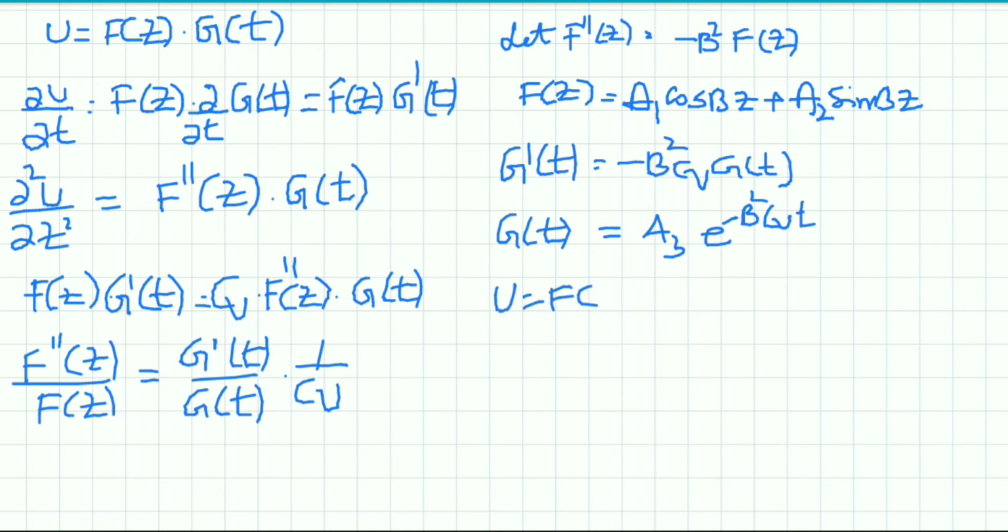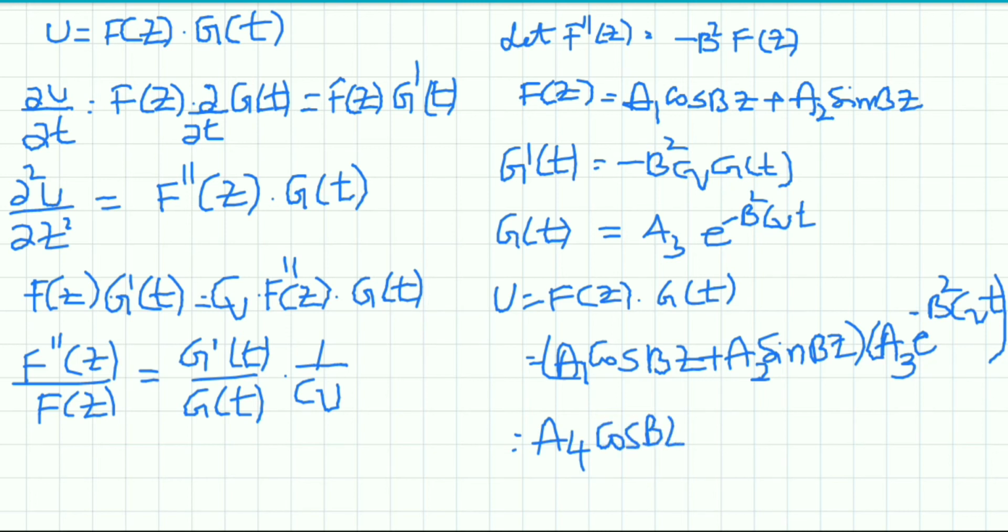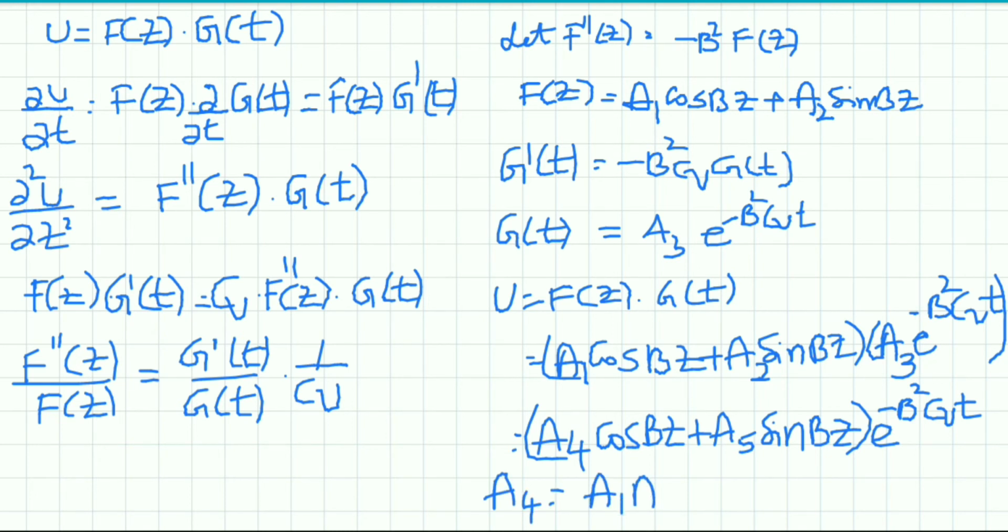So my U is f of Z into G of T, that comes to (a1 cos bz plus a2 sin bz) into a3 e power minus b square C nu T, and this comes to (a4 cos bz plus a5 sin bz) into e power minus b square C nu T, where a4 is a1 a3 and a5 is a2 a3.